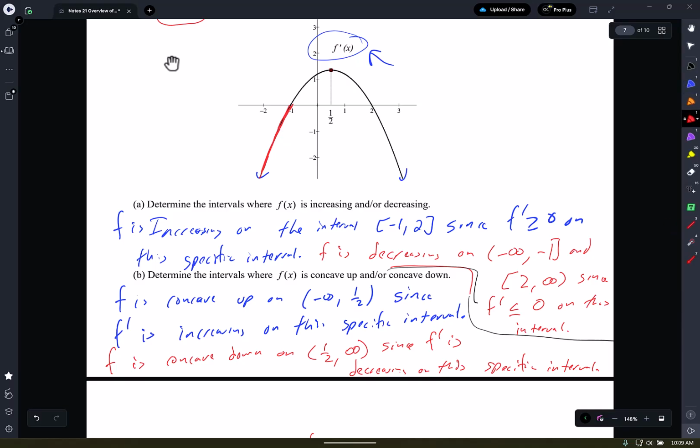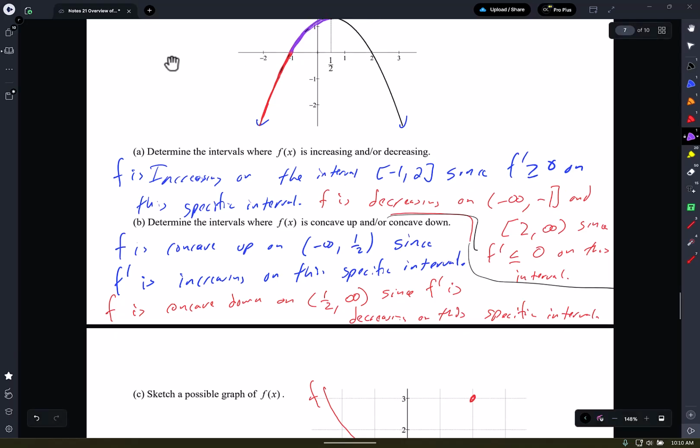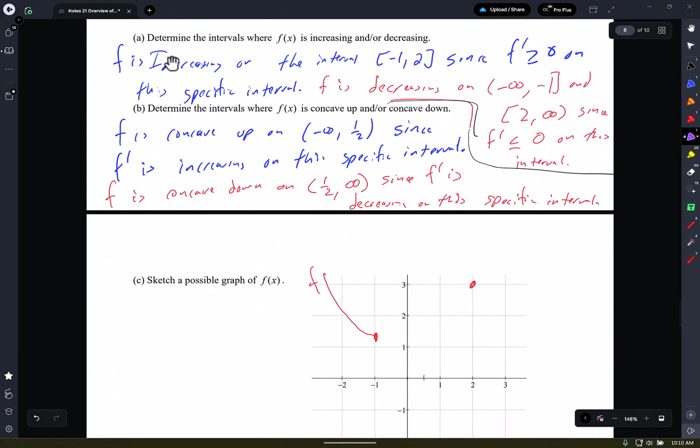Purple. This part in purple: f is increasing, and what's my concavity? Up. Increasing, all the way to half. Half is right smack there. So here it is, increasing, and bam, there it is.